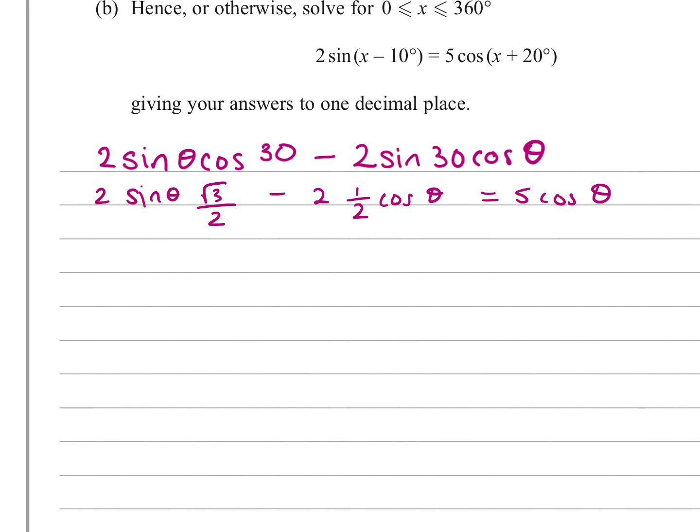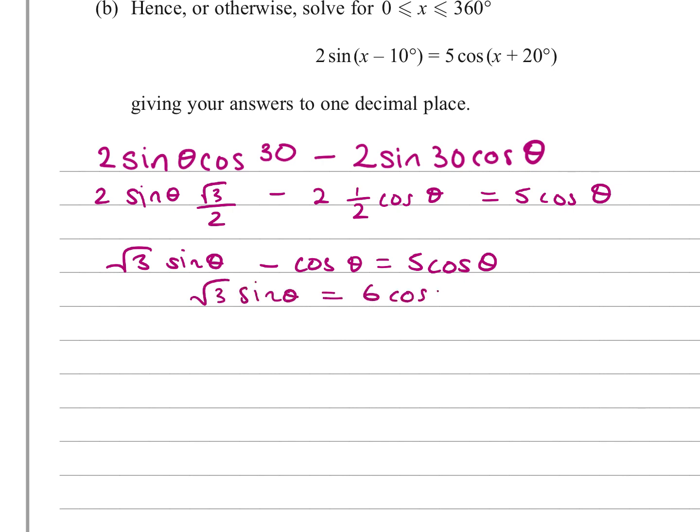So what I'm actually going to have is root 3 sine theta minus cos theta equals 5 cos theta. So then I get root 3 sine theta equals 6 cos theta. I know tan is silly cow, so I'm going to divide both sides by cos and by root 3.